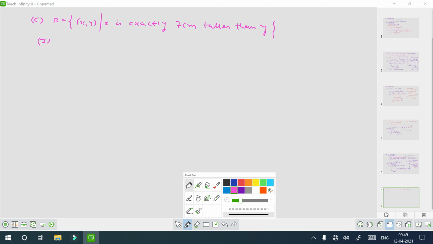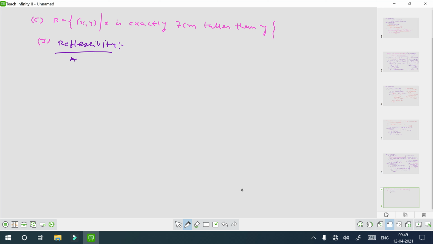Now, first part, reflexivity, let us check it. See, a person x is not exactly 7 centimeter taller than x. Yes or no? It cannot be.